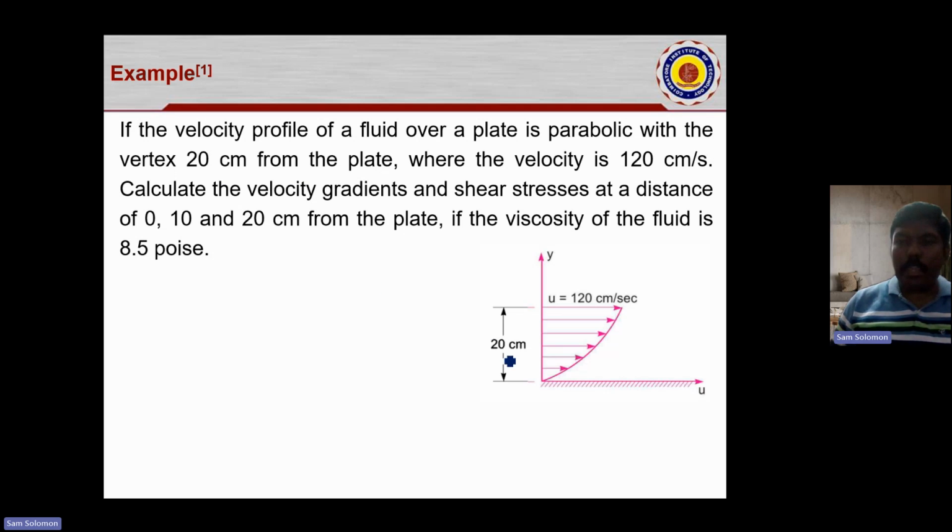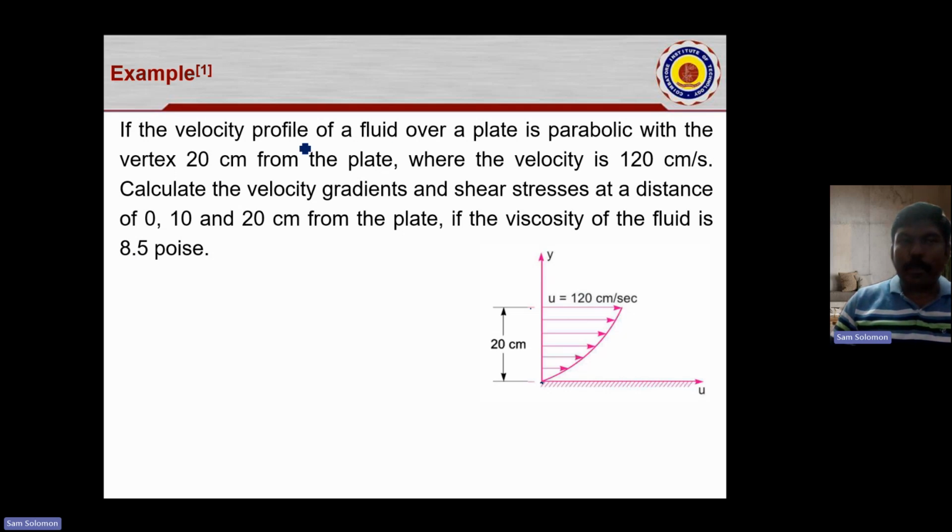Okay, so here, this is going to be the place or the origin of the plate, that is going to be 0. So the vertex is 20 centimeter from the plate. That is what is shown in this diagram. And they have said that at y equal to 20 centimeter, your velocity is 120 centimeter per second.